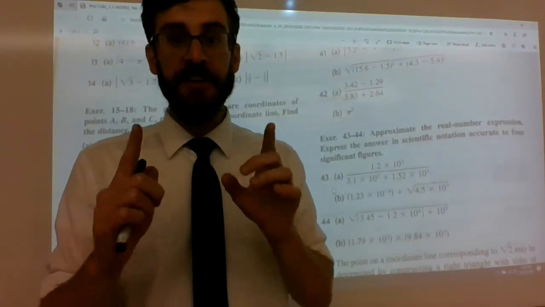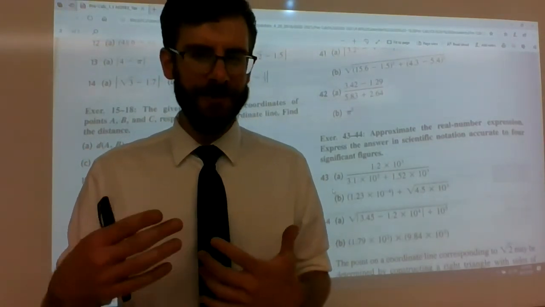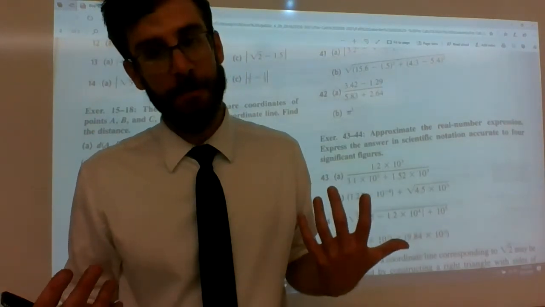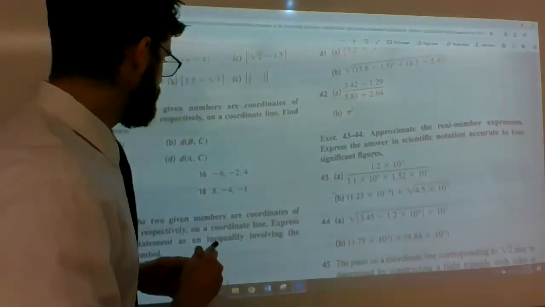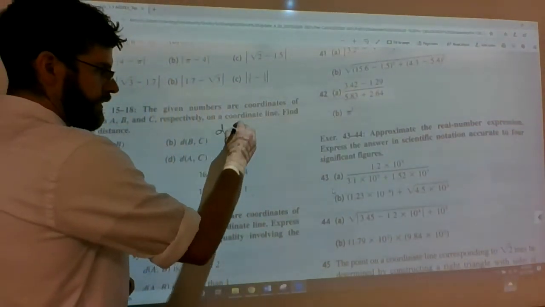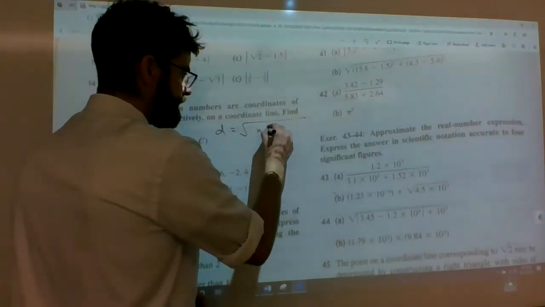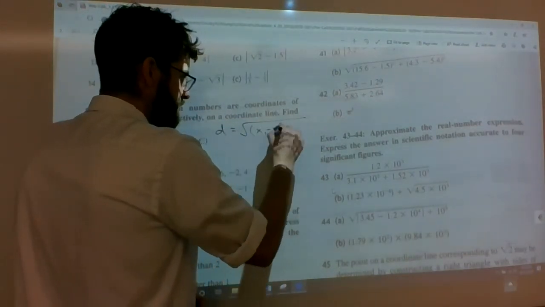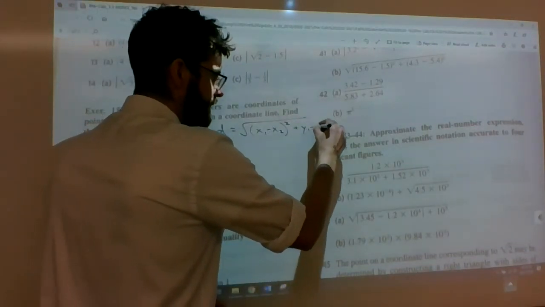Number 17, the distance formula is one of those formulas that you have to commit to memory because it's a basic formula that keeps happening in a lot of mathematics. This is the formula that says you take the x coordinates and subtract them, but then you add the y coordinates subtracted too.